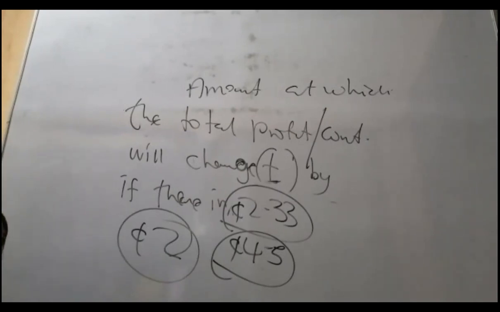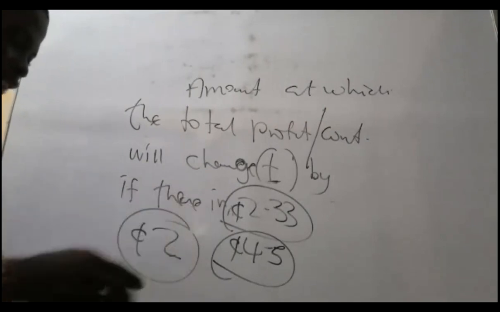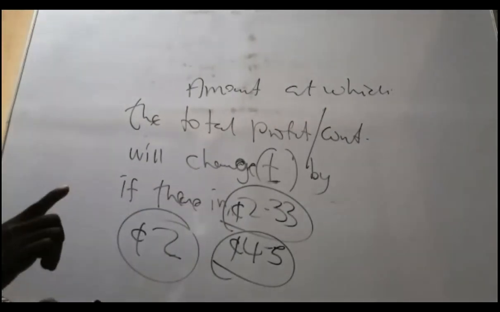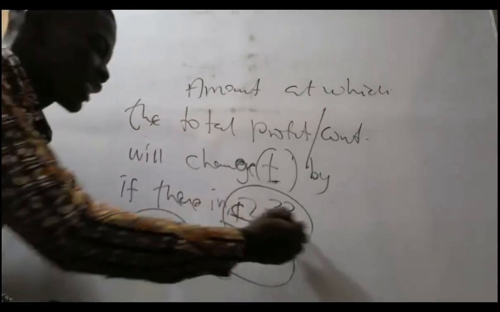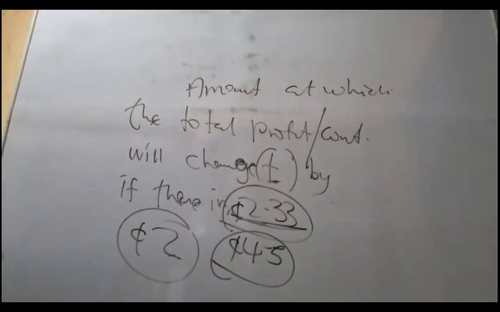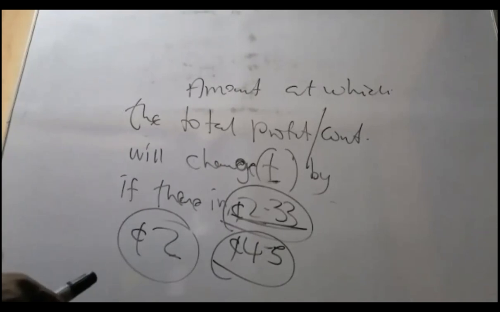Good. Here, the limiting factor is 7.5. But you are looking for the contribution per limiting factor. The contribution per limiting factor is the same as the shadow price of each product. And normally it's the one that scores last if they are ranked. Good.